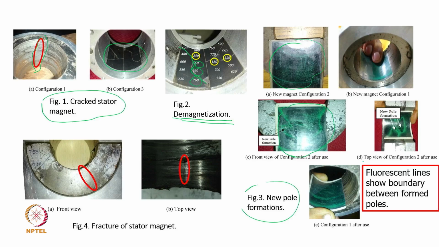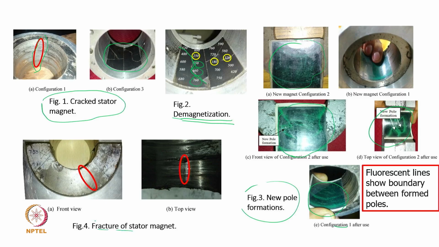Not only this, in this case also we are able to find many green colors. Even in figure 1, maybe configuration 1, we are able to find green color. So, there are a number of rubbing marks and crack marks, and we are able to see those things.